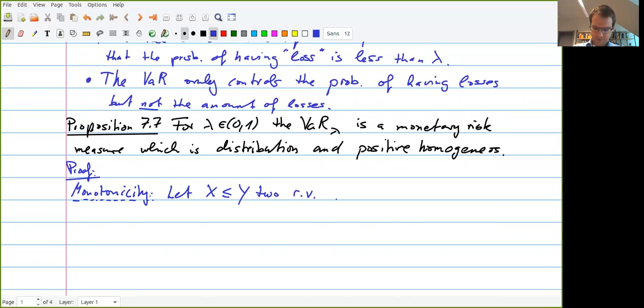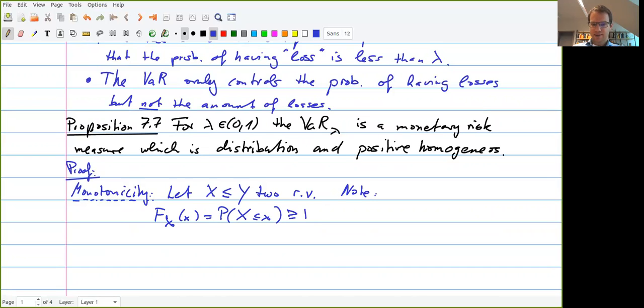And then, well, what do we note? So if I look at the distribution function of X at the point little x, well, you all know that this is defined as the probability that X is less or equal than small x.